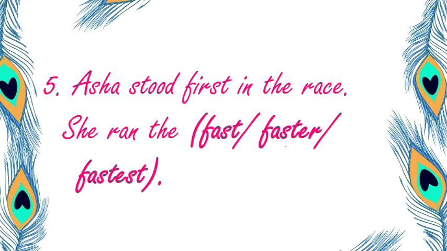Faster is comparative form of fast. Fastest is superlative degree of adjective fast. Now I'm sure you've got your answer. That's pretty simple. We have done 2 examples like this earlier. So the answer is fastest. Asha stood first in the race. She ran the fastest.